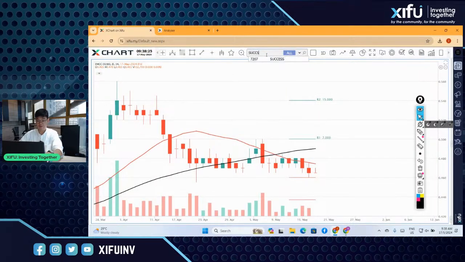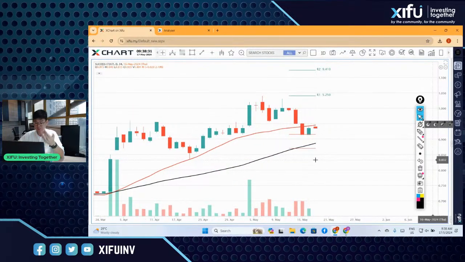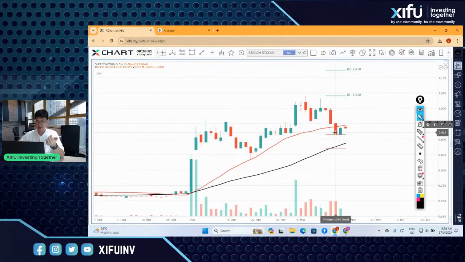For those who are following Success, I've already exited. It didn't really hold nicely above the support that I was looking at. But if they do come back again to the 20 MA with higher volume, I will relook into it again. Unfortunately, I didn't really make a lot from this. I was able to cover my fees and of course some small profit.